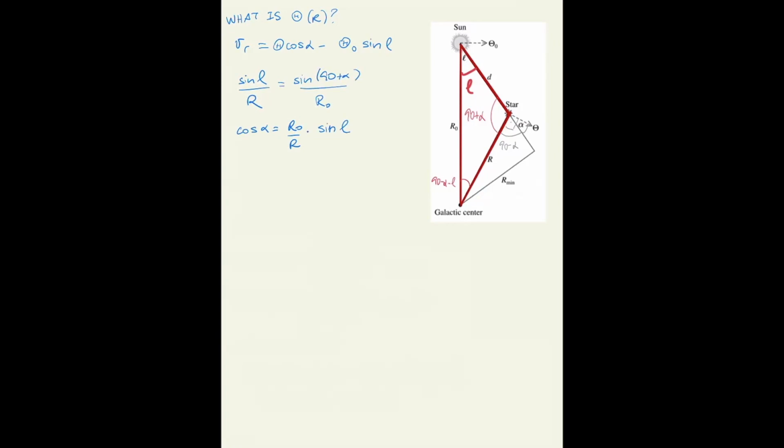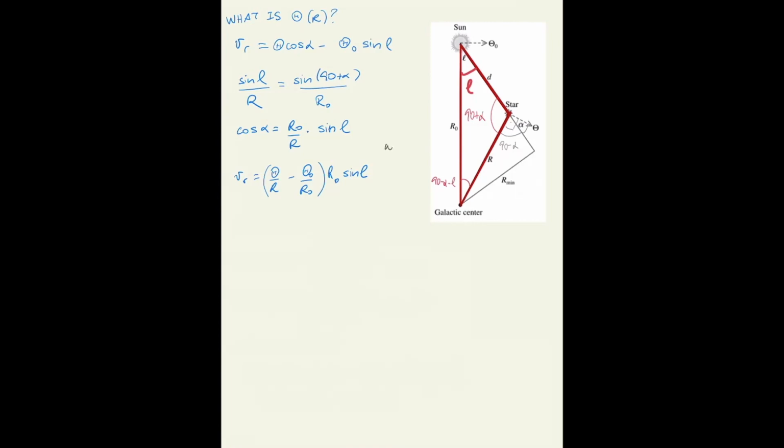If we substitute that in the equation for the radial velocity, then we find that the radial velocity is equal to R naught times the sine of the galactic longitude times capital Theta over R minus capital Theta naught over R naught. And this is the definition of the angular velocity, right?